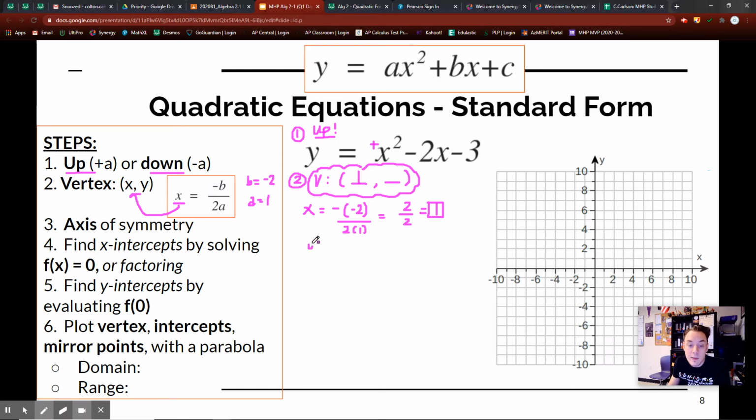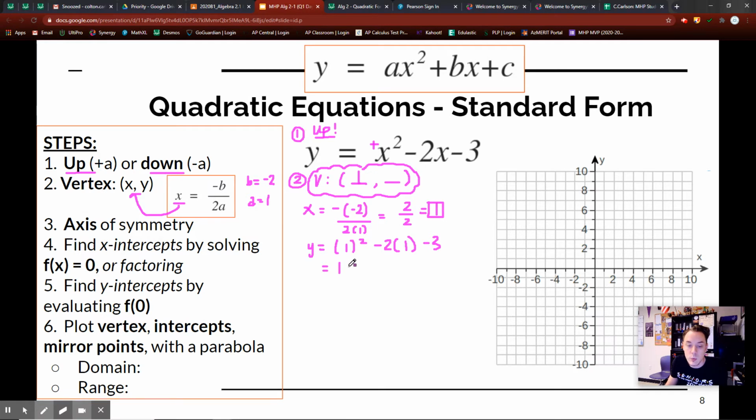Now, how do I find my y? Well, if I already know what x equals for the x coordinate of my vertex, all I have to do is plug that value into my original function to find what y equals, because that's what it says, y equals blah, blah, blah. So let's plug in 1 squared, minus 2, and then minus 3.